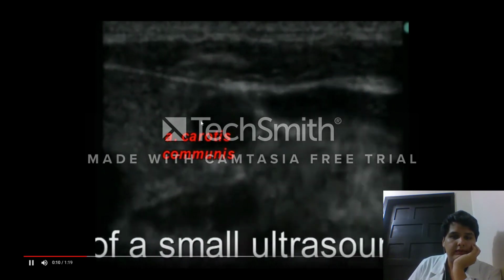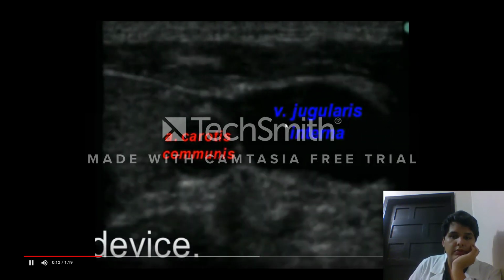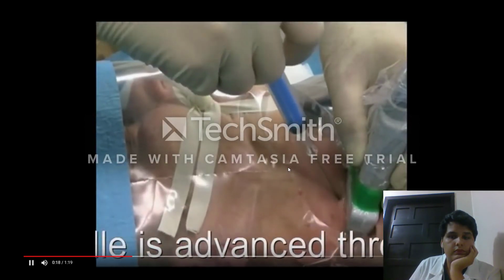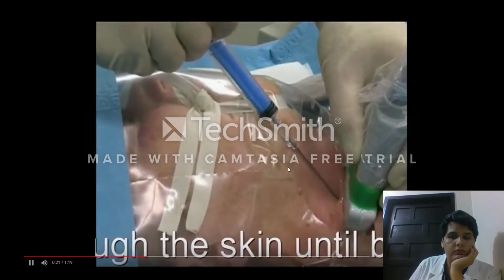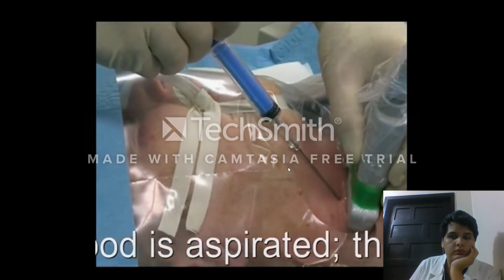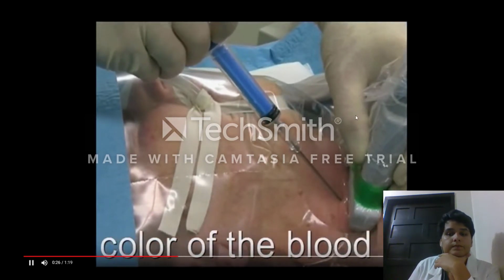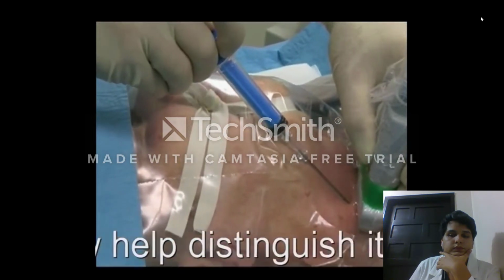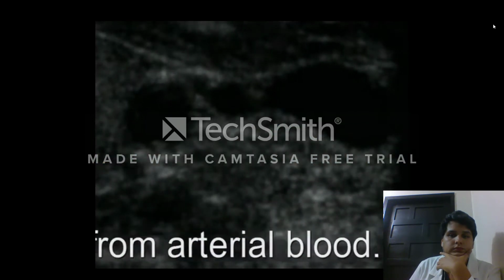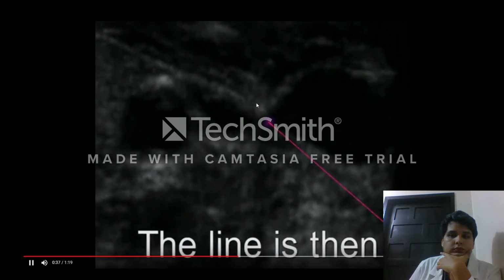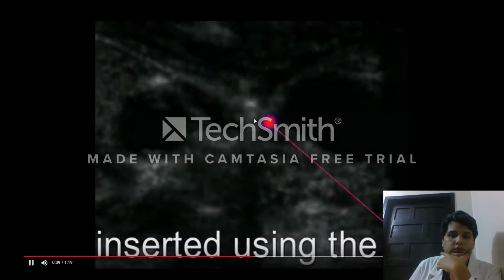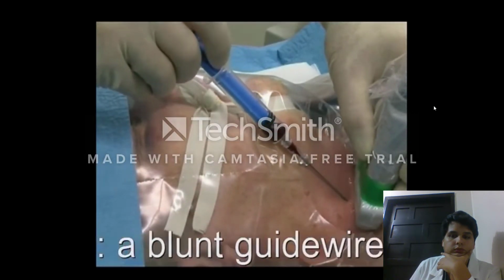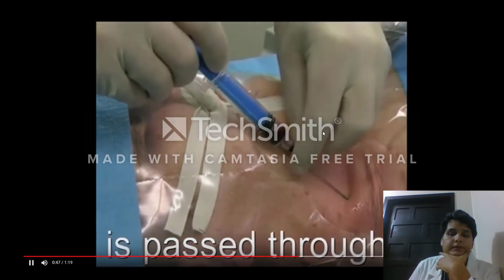This is the carotid, and this is the jugular. And it's being done with echo. This confirms that you are in the vein.